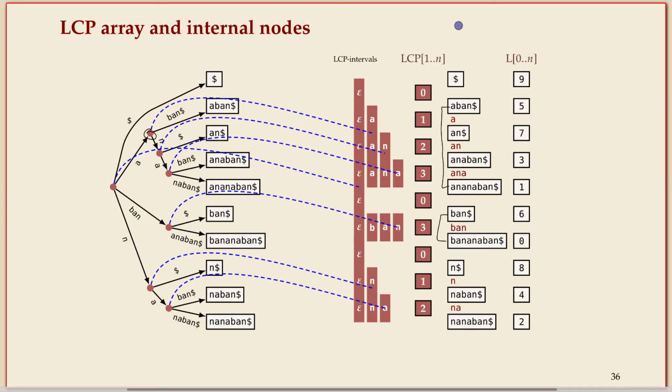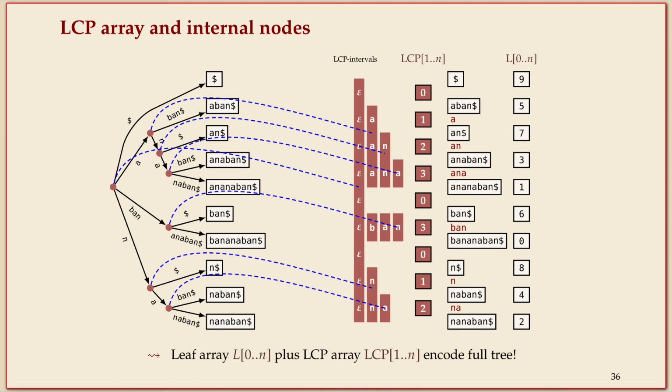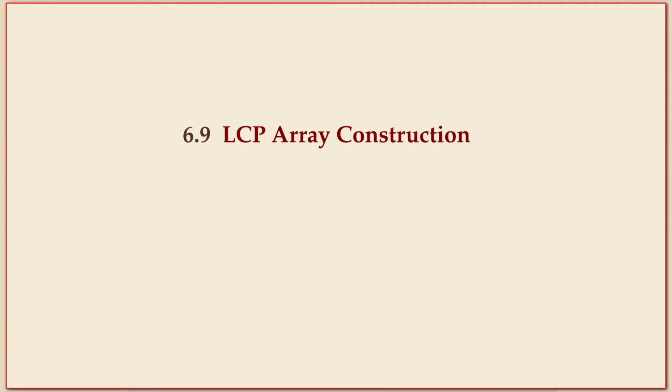You can, from these 2 arrays, figure out what the suffix tree is. Okay, and we'll explore that a bit at the end. So that's this statement. Those 2 arrays really give you everything that is needed for the tree.